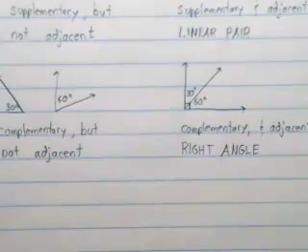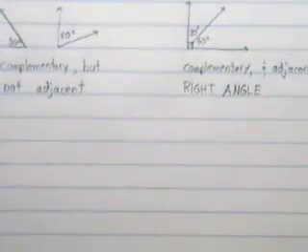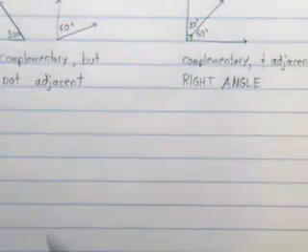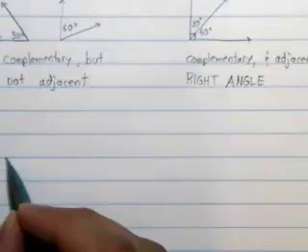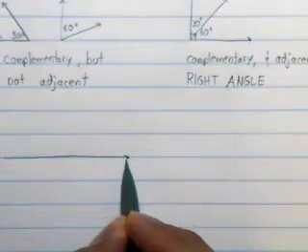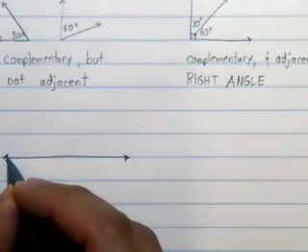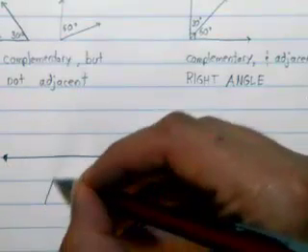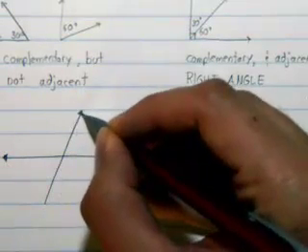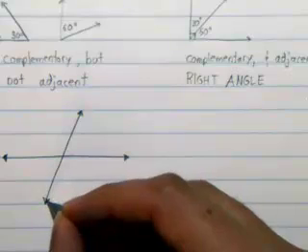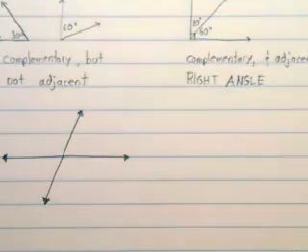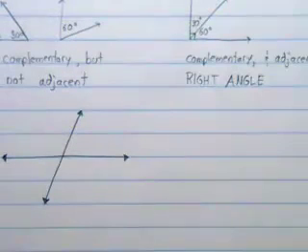The other kinds of angles we're going to look at are ones that form when we have lines that are crossing. We mentioned this before. Think back to what we did with our journal. I'm going to introduce you to a new way to name angles.